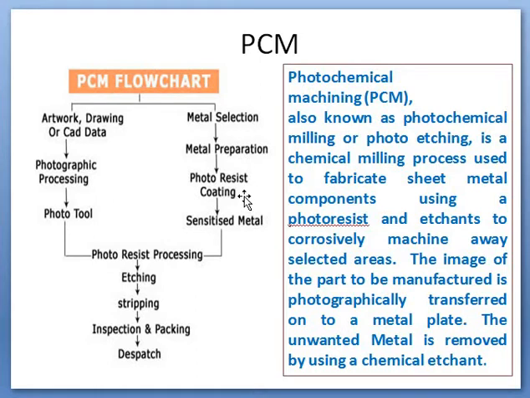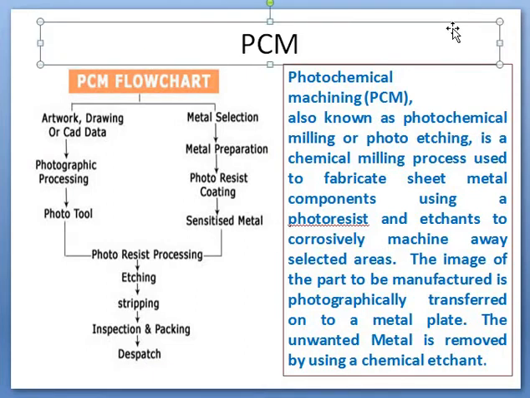We apply a photoresist coating on that metal, and both are combined in the photoresist processing. After that, etching is carried out, then stripping, and at the end inspection and packing are carried out, and finally the part is dispatched. How this process is carried out stepwise, we will discuss in the next slide.